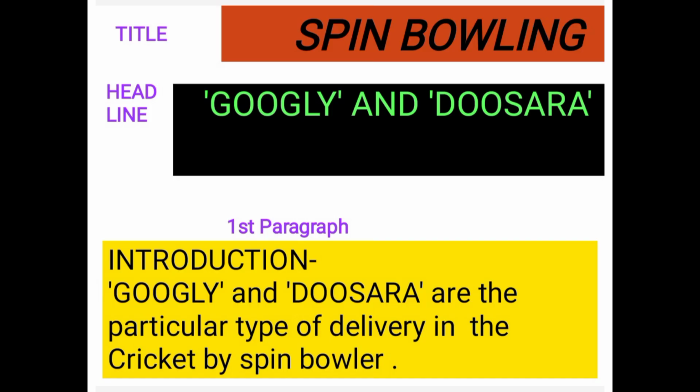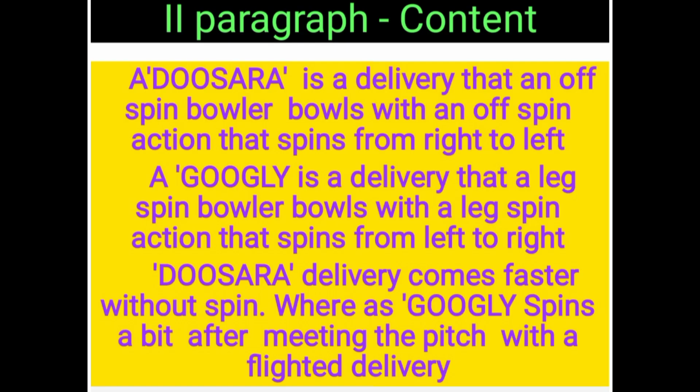Then comes content. In the content, from the examination point of view, we have to write at least 3 paragraphs. The first paragraph is called the introduction or introductory paragraph. The second paragraph is called the content paragraph.